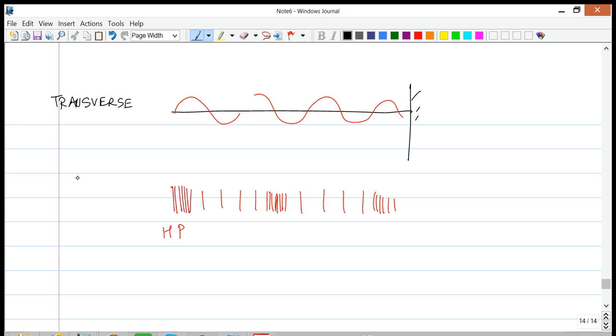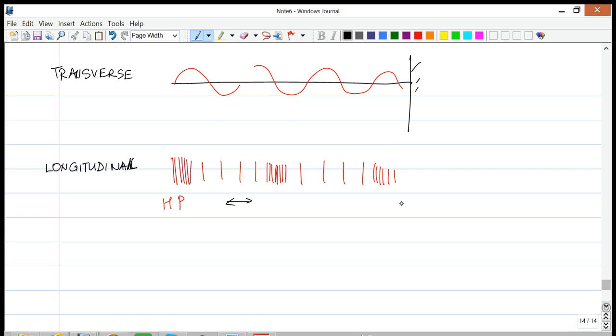As opposed to the waves produced by sound, or if you were to pump a slinky from one side, the particles of the medium travel in a direction parallel to the direction of the wave. Such waves are called longitudinal waves. So we have transverse as well as longitudinal waves.